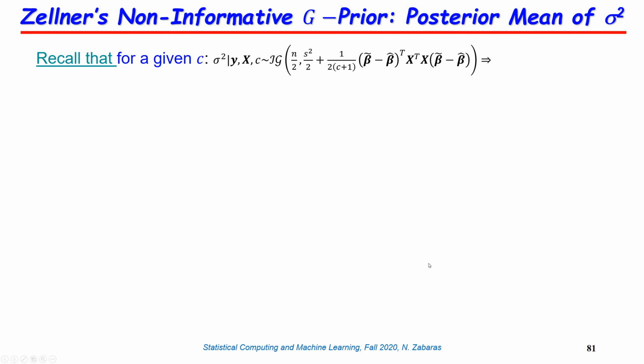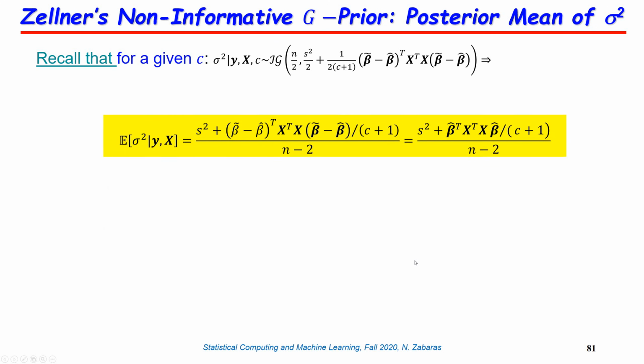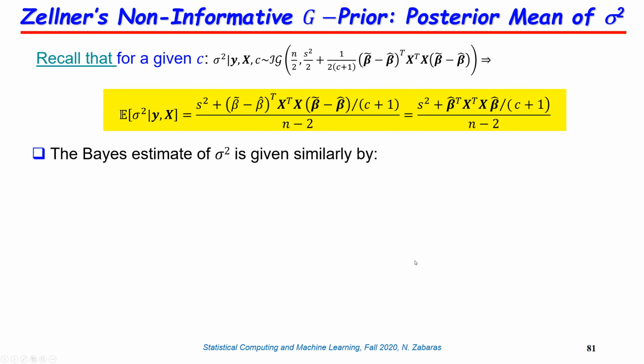And can we do the same thing for the variance? Yes, and I will show you this momentarily. But before I do that, let me remind you that when we worked on the Zellner G prior, for a fixed C, we derived the marginal posterior of sigma squared as an inverse gamma distribution.